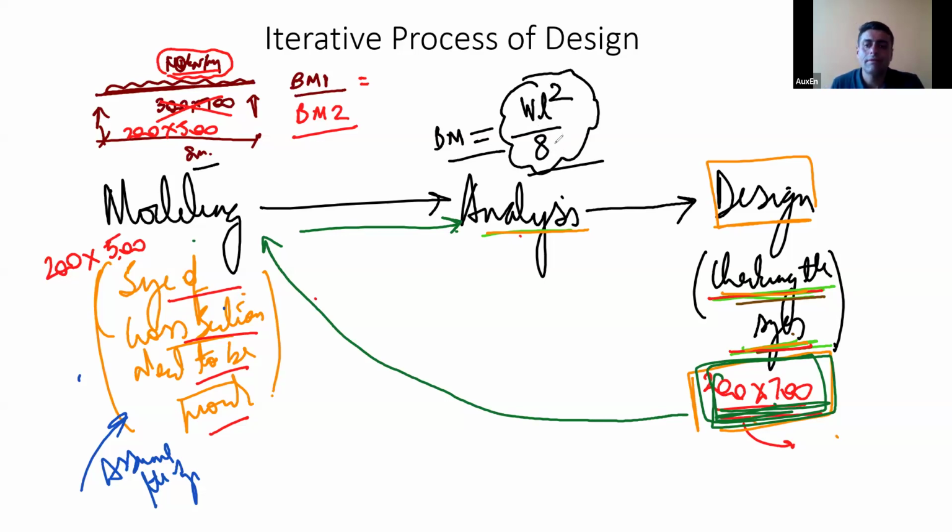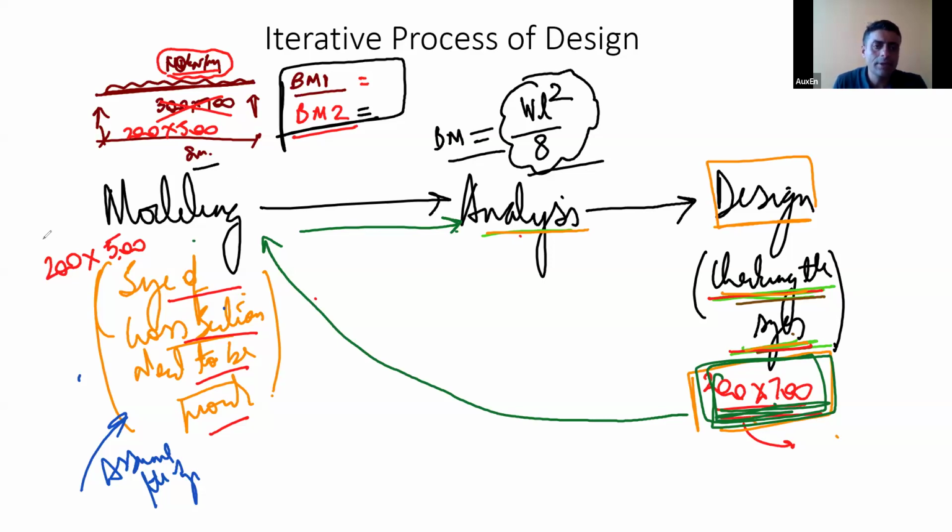Hello? Does it have any term which is dependent on the cross-section size? No. So that means that the bending moment will remain the same. Are you with me so far? Whether I change the cross-section or I don't, if my span is same and my load is the same, forget about the bending moment due to self-weight, my bending moment value remains the same.